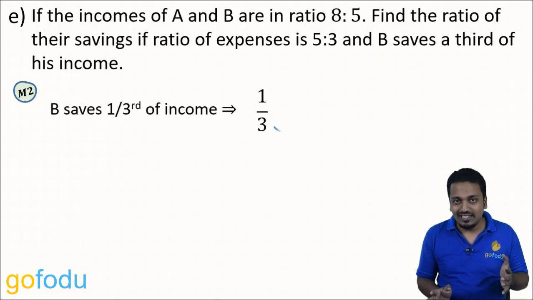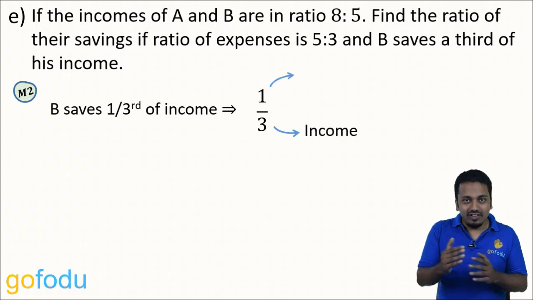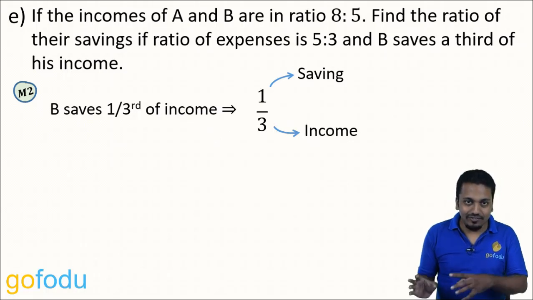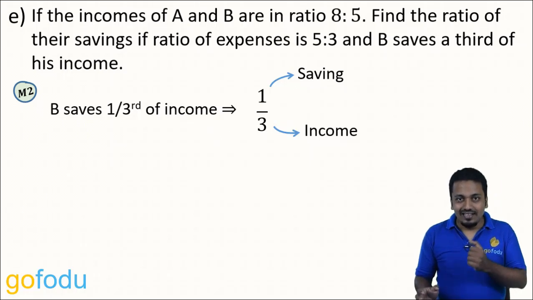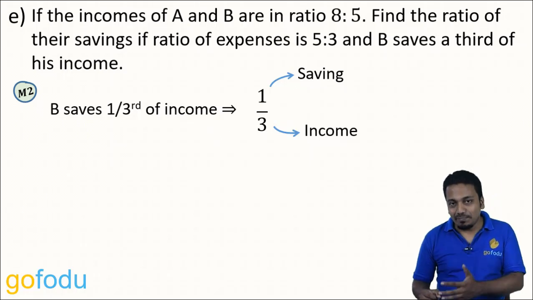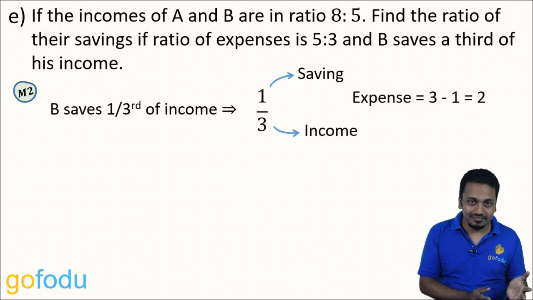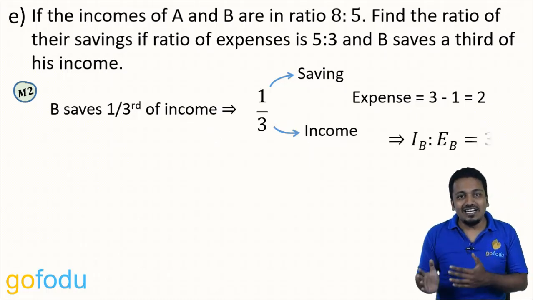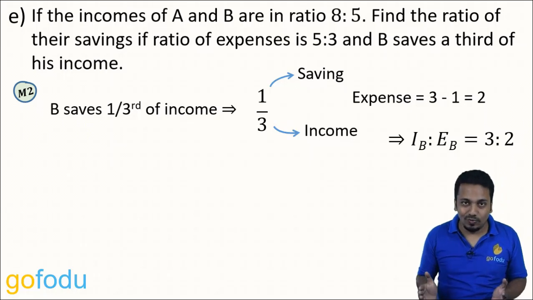This means if the income of B is 3, then his savings will be 1/3 of 3, that is 1. That means the expense of B will be 3 minus 1, that is 2. From here, we can say the income to expense ratio of B should be 3:2.